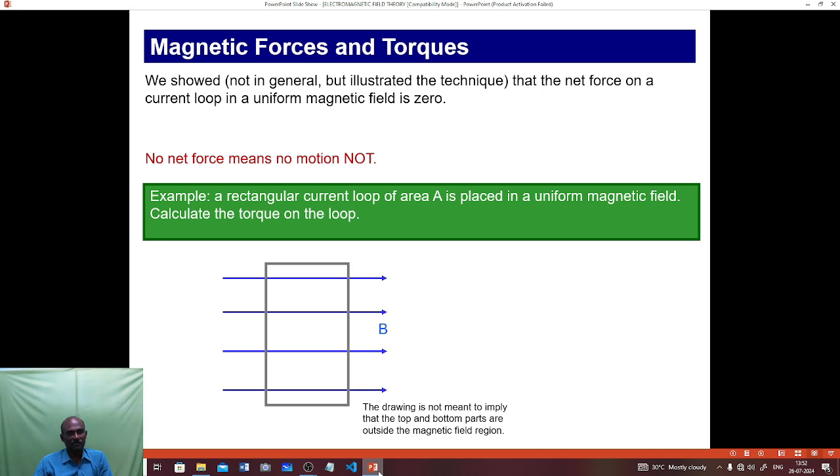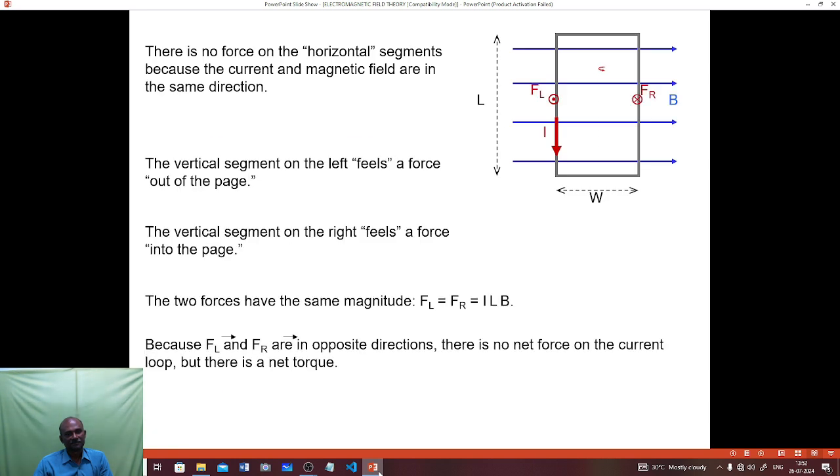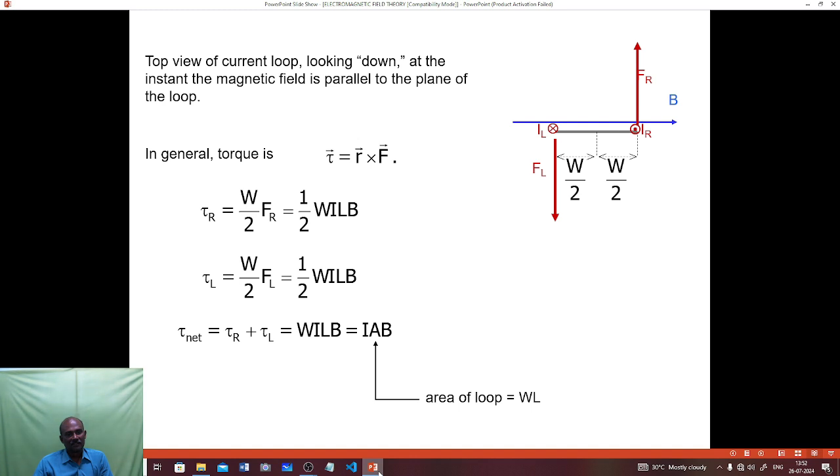From forces, how to find the torque: two forces of the same magnitude, so torque is R cross F, where R is the distance between the two. You can find the net torque from the force.